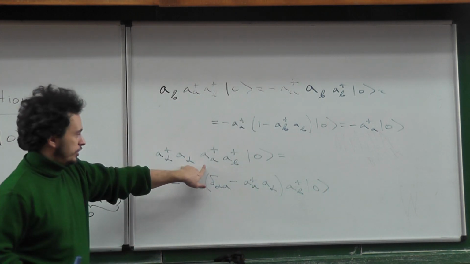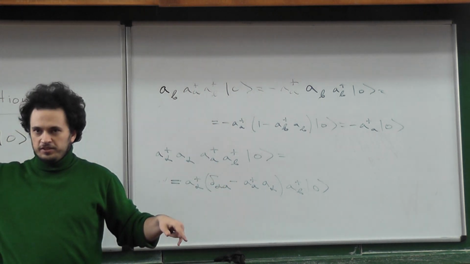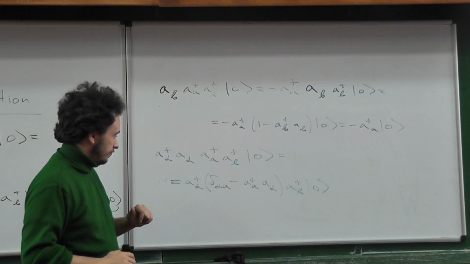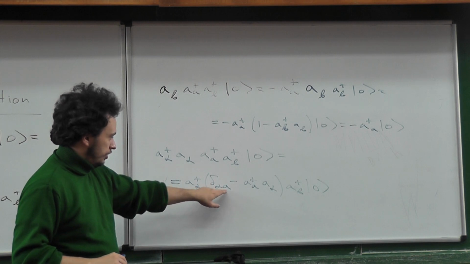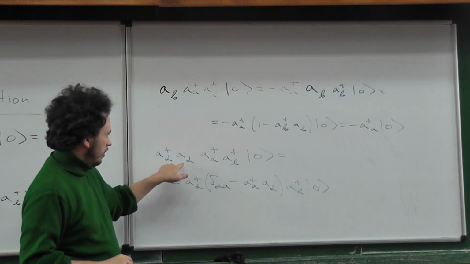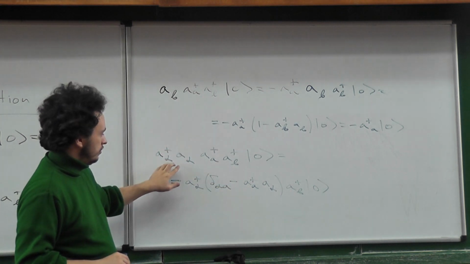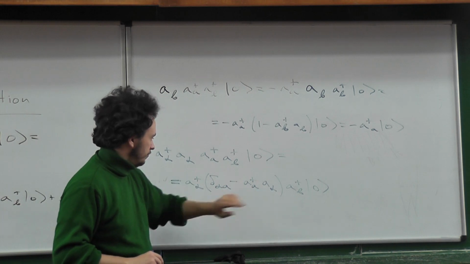So I switch the order of these two using that identity, and I get this, which is 1 if alpha here is A, and 0 otherwise. And here I get some operators.